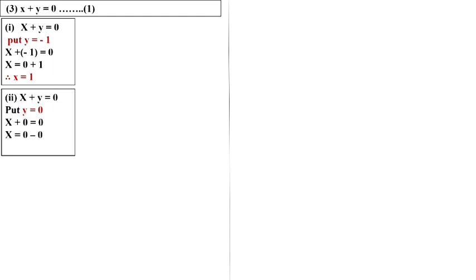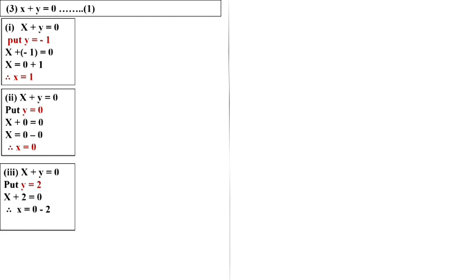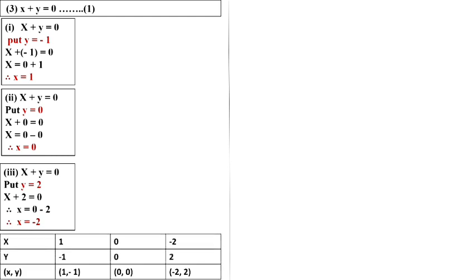So the x value became 0 minus 0, which is 0. The third one, we are taking what? y equal to 2. So x plus 2 equal to 0. So plus 2 will go to the right side and become minus 2. So x equal to minus 2. Substitute the values in the boxes.